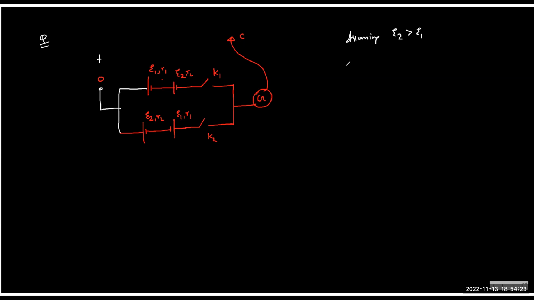So case 1: if K1 is closed and K2 is open, then what can we say?